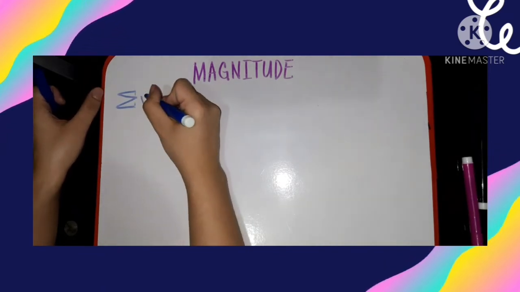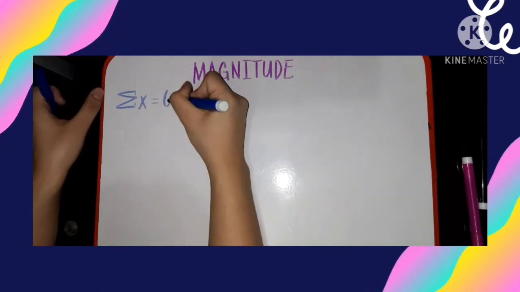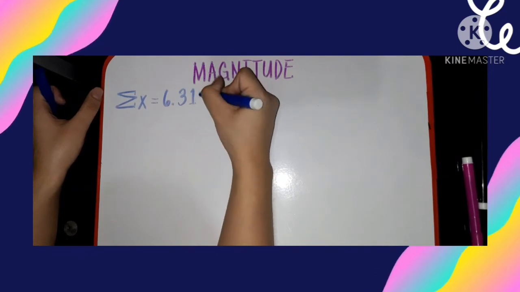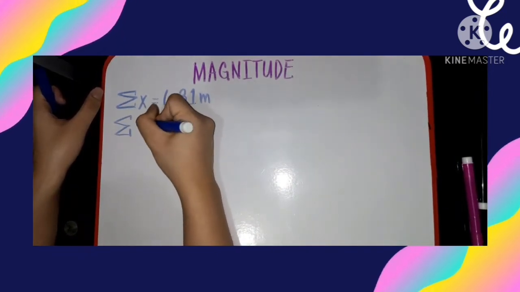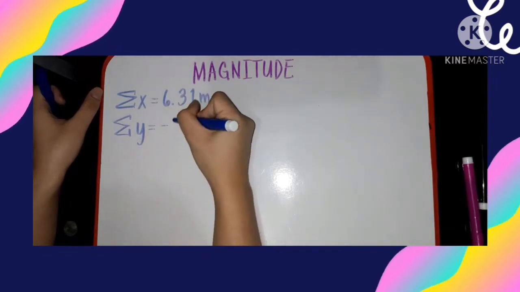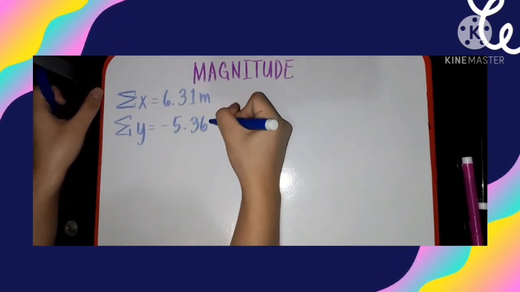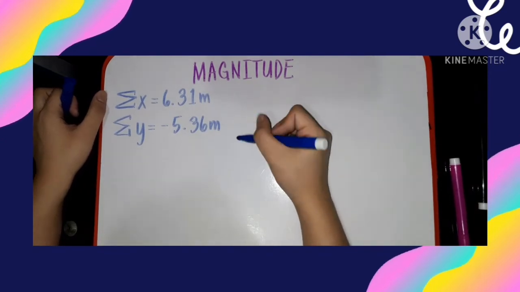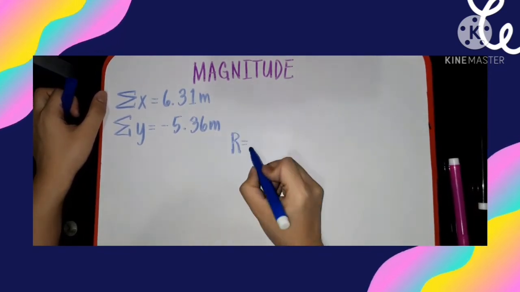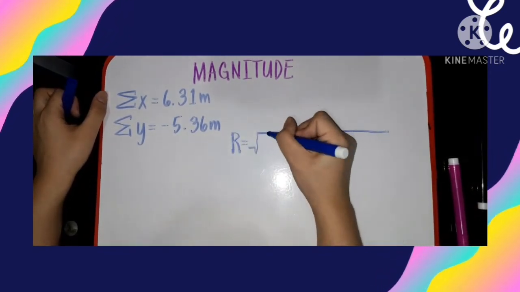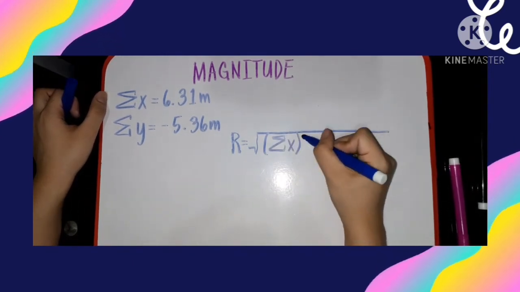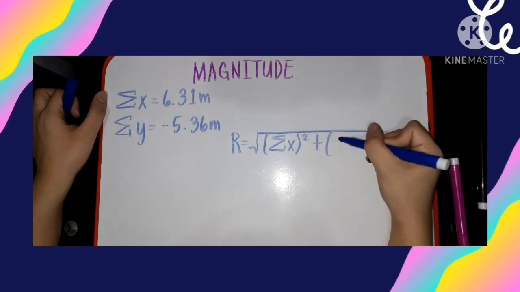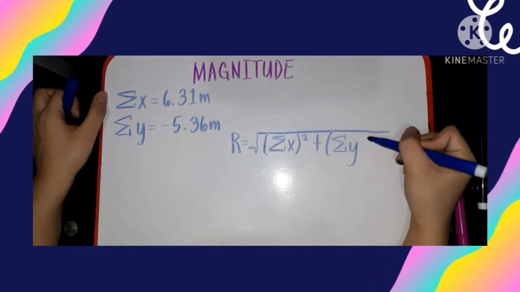Summation of x is equal to 6.31 meters. Summation of y is equal to negative 5.36 meters. Resultant vector is equal to the square root of summation of x squared plus summation of y squared.